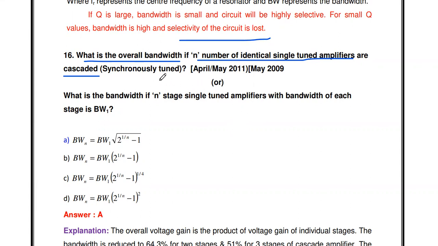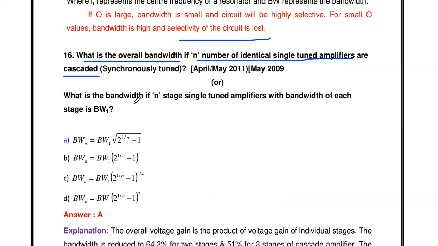The same question they may ask as: what is the overall bandwidth of a synchronously tuned amplifier? When n number of identical amplifiers are connected in series, cascaded, that circuit is called a synchronously tuned amplifier.